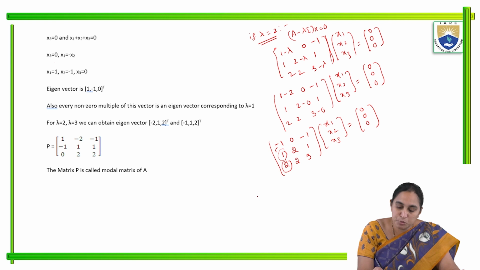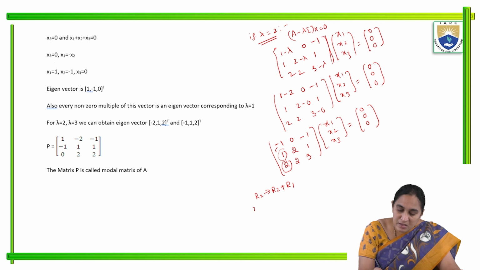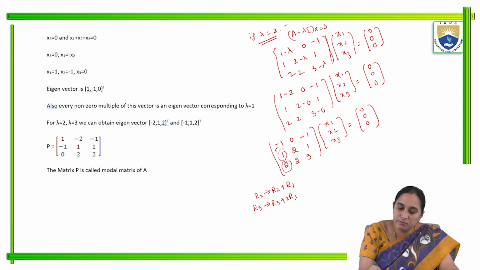From that, what is the row operation? R2 tends to R2 plus R1. Why? Because here 1 and this is minus 1, 1 minus 1, 0. Similarly, R3. What about R3? R3 plus 2R1.